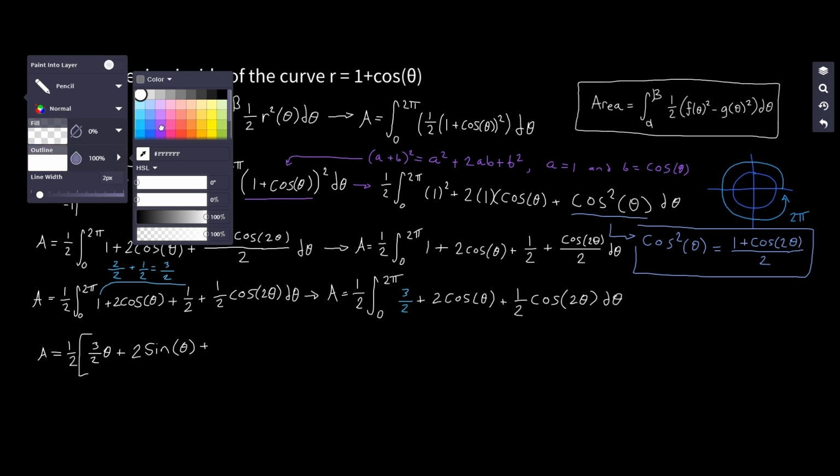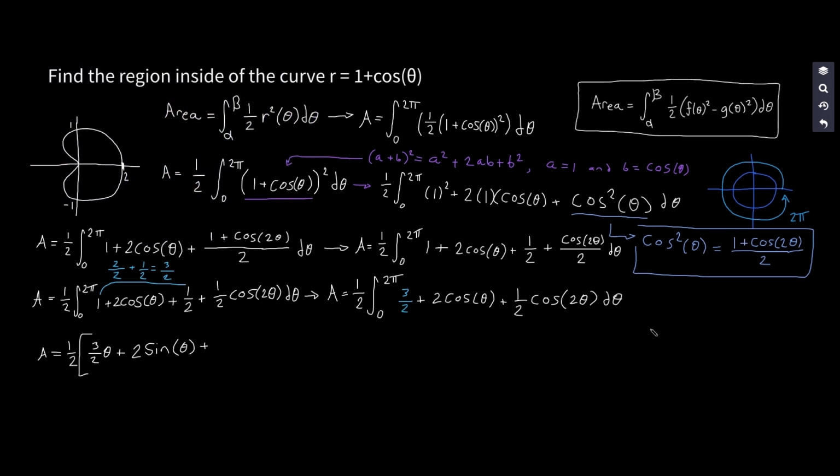This one's a little bit more tricky, so I will write out a formula for this. The integral of cosine with a coefficient a, with respect to the variable we're integrating, equals 1 over a, so that coefficient goes into the denominator of a fraction out front, times sine of a times x.